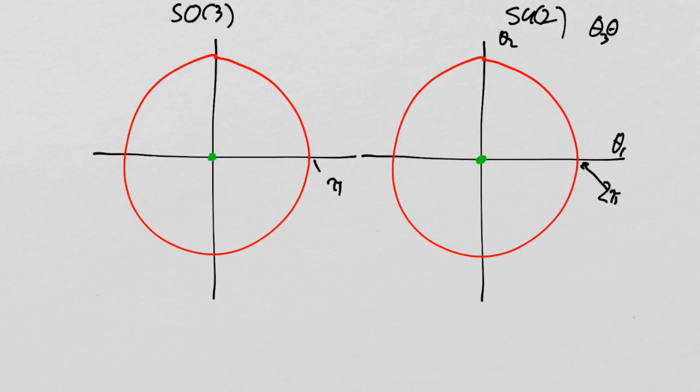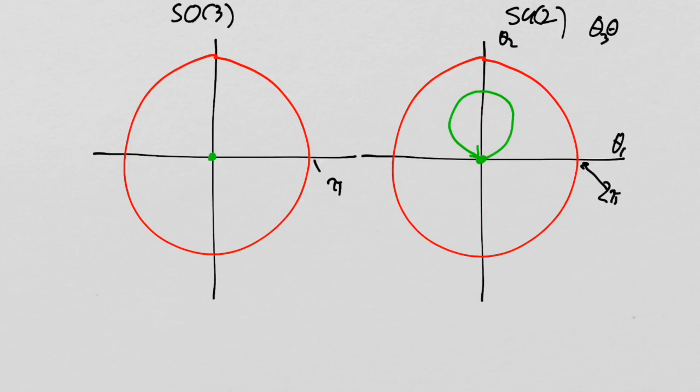Now, we already know that if I create a loop inside a topological space that starts and ends at one point, as long as the space itself is path connected, meaning any point in the space can be reached from any other point through a path, then the fundamental group that I discover by studying paths that begin and end at a certain point will be the same for any point. So I can speak about the fundamental group of the whole space just by studying it at one point, as long as the space is path connected.